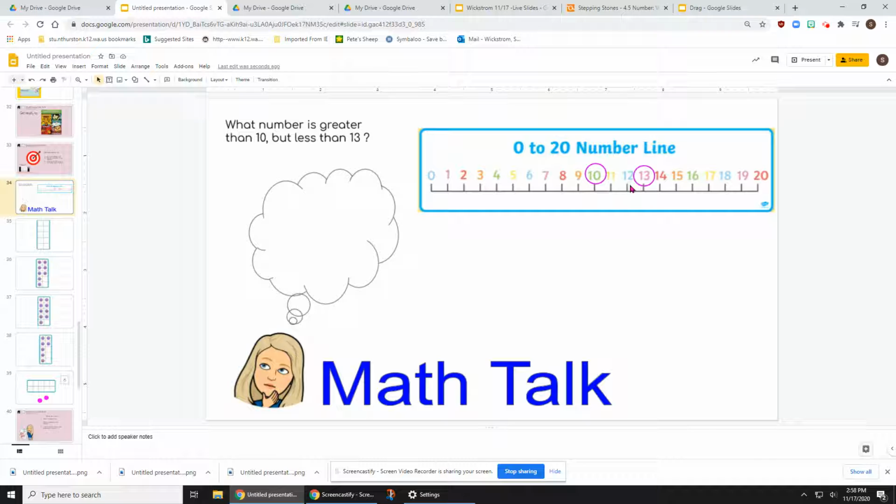So anything from here all the way to 12, these numbers are less than 13. And any number that comes after 13, these are greater. So the question is, what number is greater than 10? So that has to be going this way. And a number that is less than 13, going this way to the left.